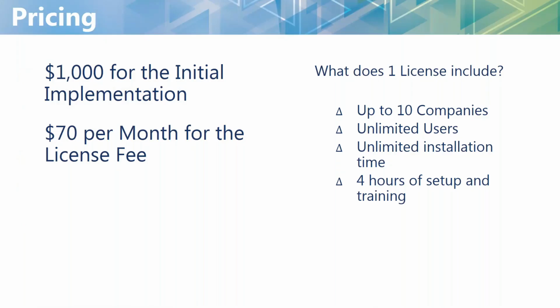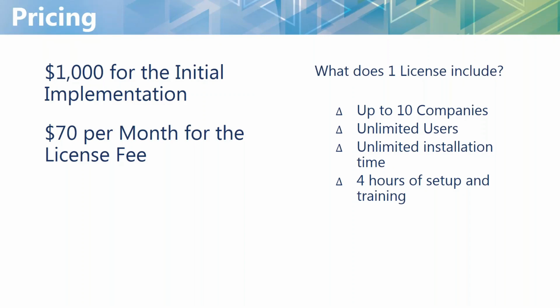So let's look at this really quick. This is going to be our pricing structure. So with TrinSoft, the way that this works is it's going to be $1,000 for initial implementation. That $1,000 of implementation is going to get you an unlimited installation time and 4 hours of setup and training once the installation has been accomplished.